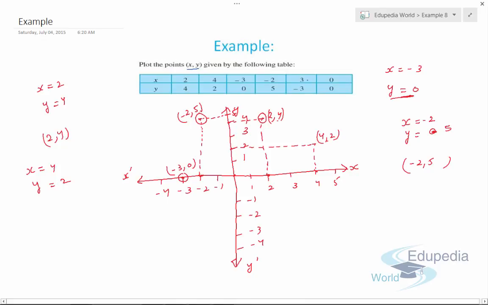Now in the next one, x is 3 and y is -3. So clearly the point will be like this. You can draw a dotted line like this. So clearly the point is 3 and -3. Now the last point is x is 0 and y is 0. So both x and y are 0. So the point will be 0 and 0, which forms the origin.